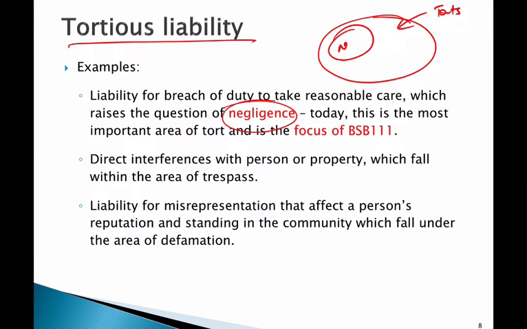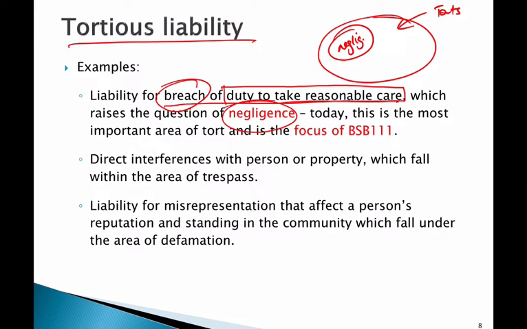So all of these are called torts. We have one which is negligence, the one we're going to concentrate on, and that's a breach of a duty to take reasonable care. Okay, so if you're negligent legally, you haven't taken reasonable care when you should have. You had a duty to take reasonable care and then you breached that duty.